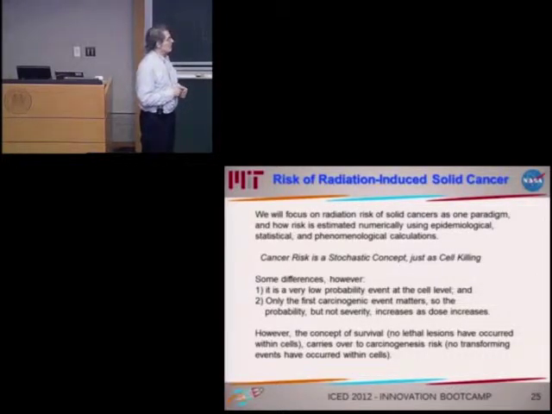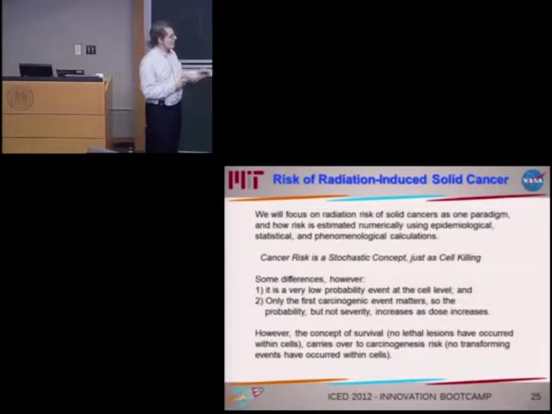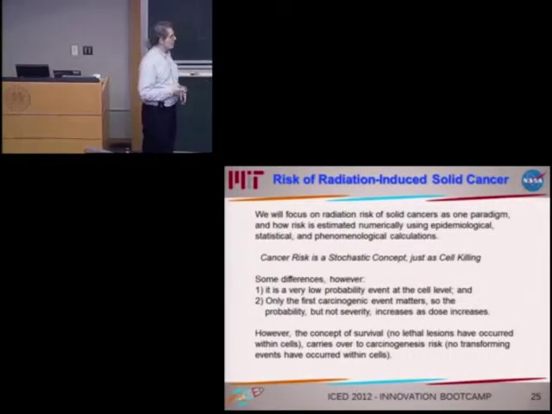Subsequent events to neighboring cells and so on are less important, because once a cancer originates, you're considered a cancer case, regardless of any possible additional transforming events. So that's another thing to consider. But nonetheless, the concept of survival, as discussed with no lethal lesions having occurred within cells, carries over logically to carcinogenesis risk, where we talk about no transforming events having occurred within a cell.